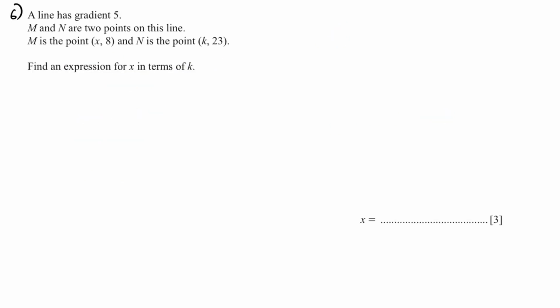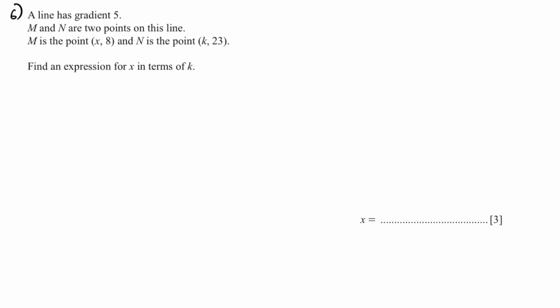Next question. In the next question, the gradient has been given to us. A line has gradient 5. M and N are 2 points on this line, and we have to find an expression for x in terms of k. This may seem like a difficult question, but it is not.